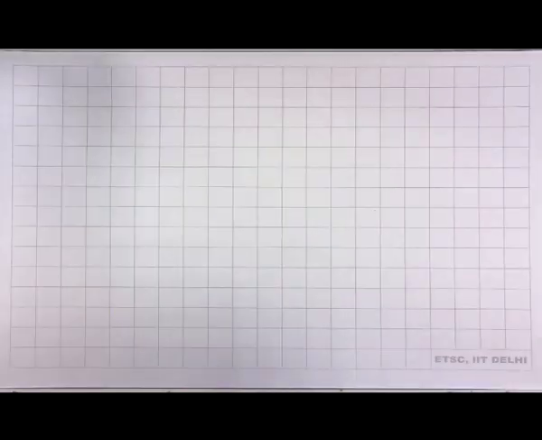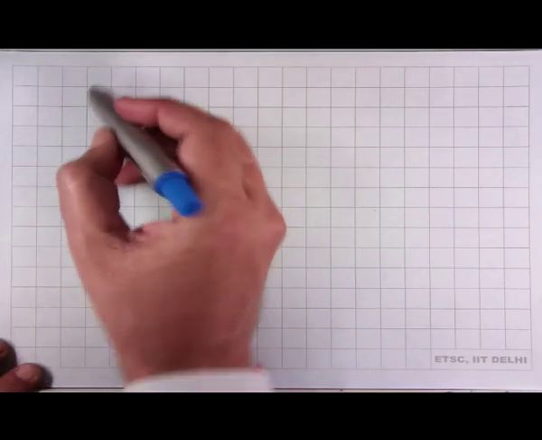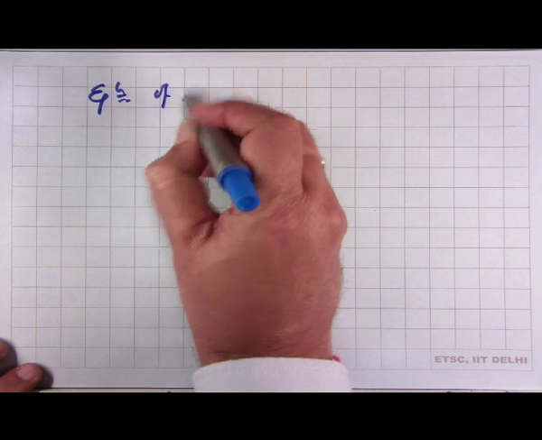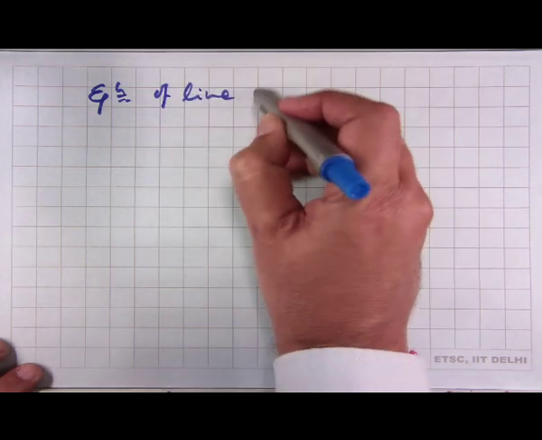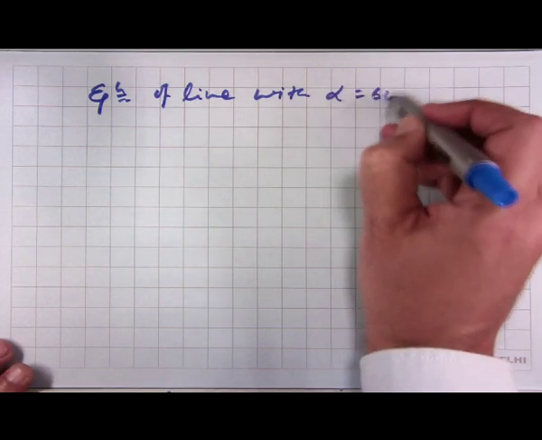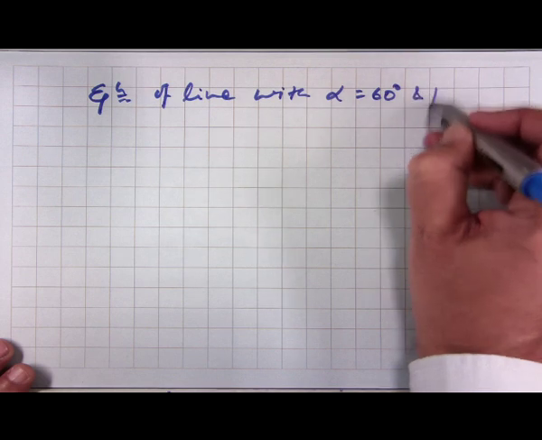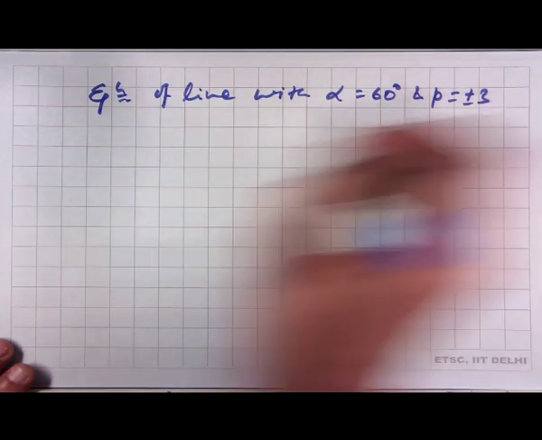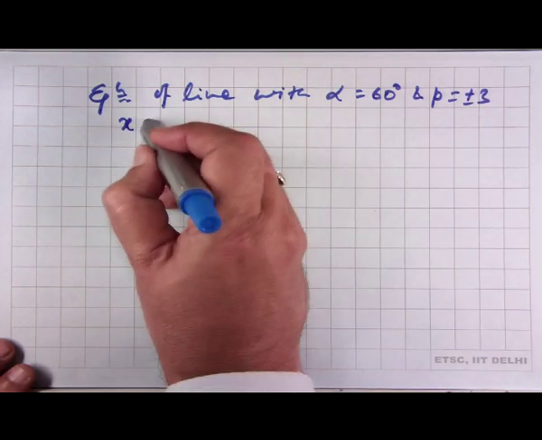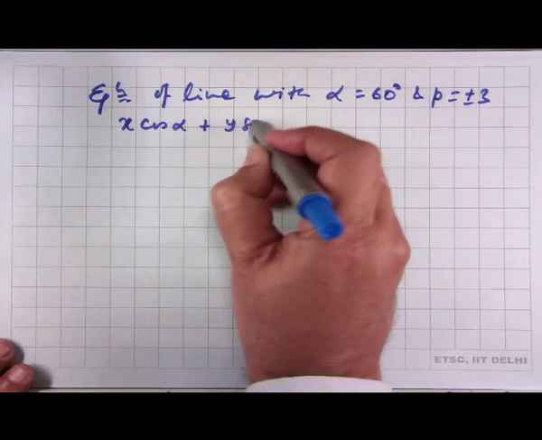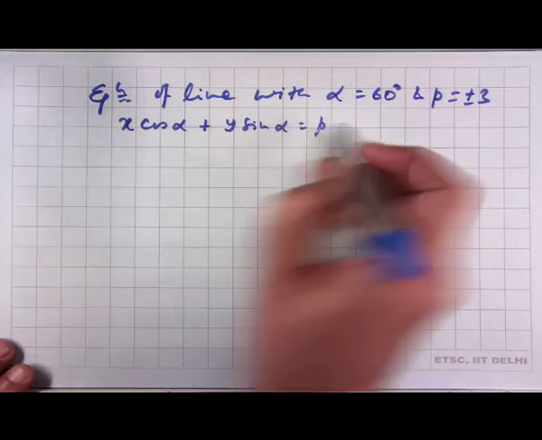So equation of line with alpha equal to 60 degree and p is equal to plus minus 9 is x cos alpha plus y sin alpha equal to p.